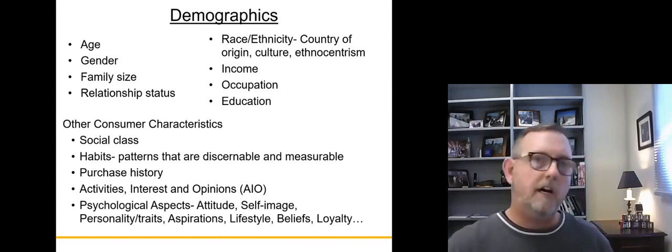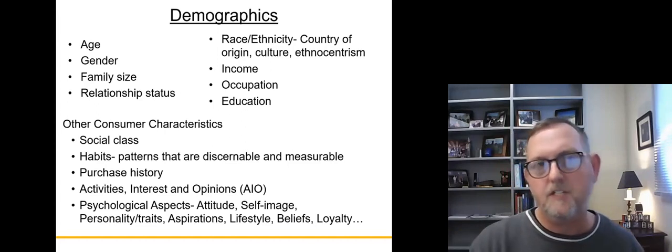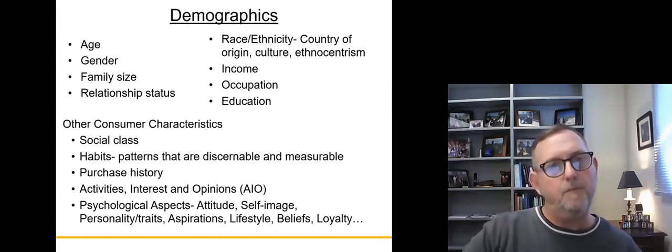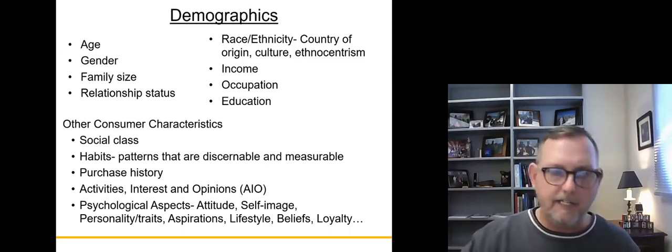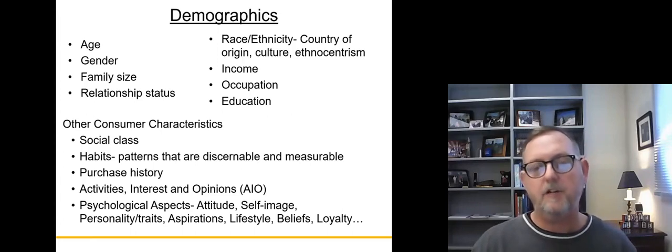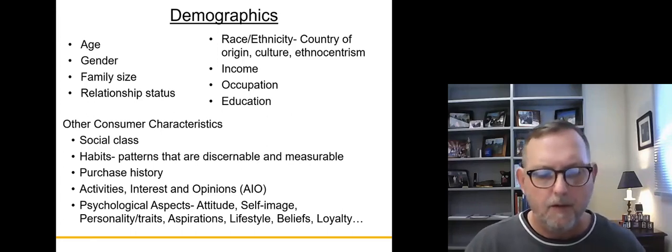Those are a little bit deeper. Those are more psychological. In fact, we have a whole group of psychological traits that we measure as well, which start to extend outside of demographics, things like attitude, self-image, personalities, aspirations, and so forth.